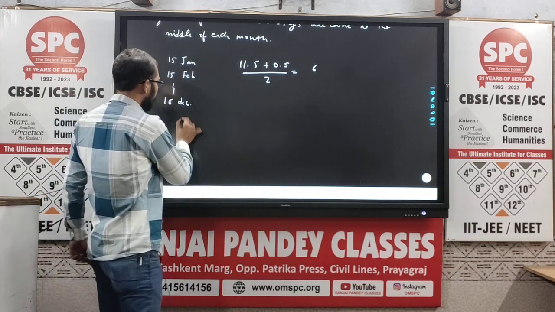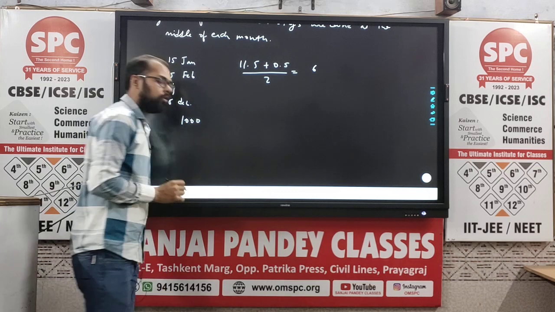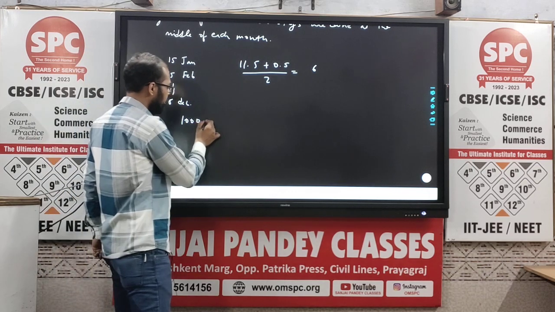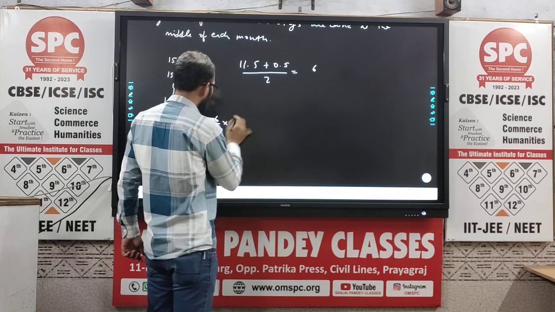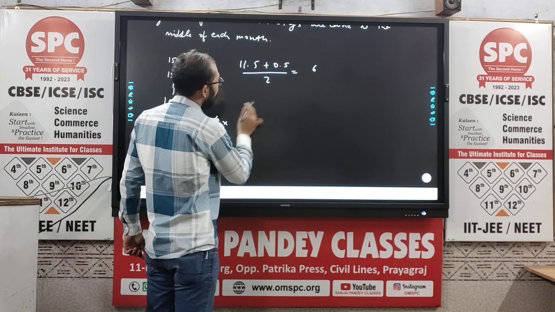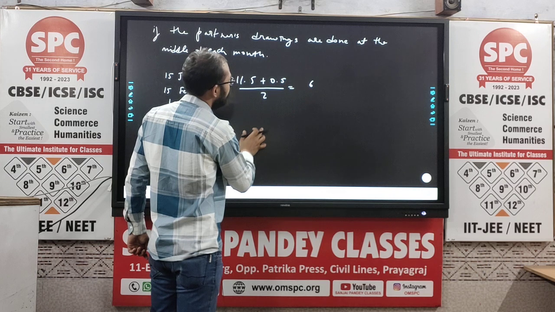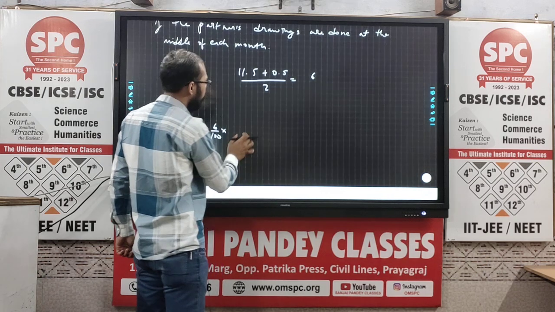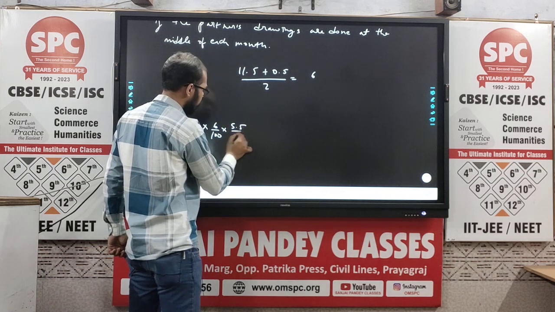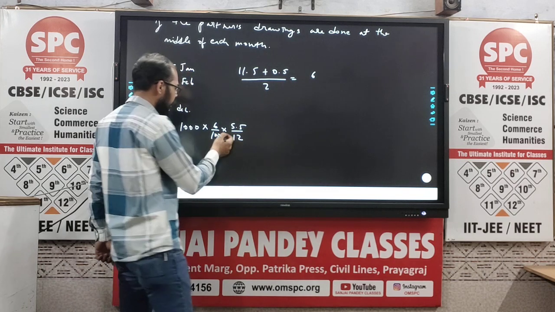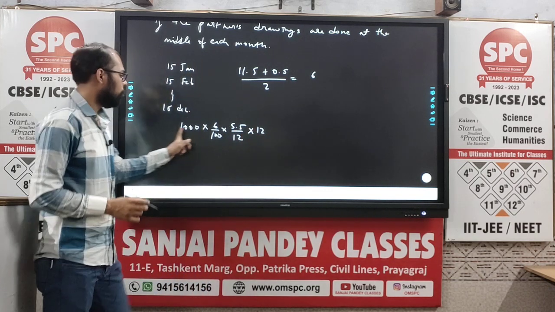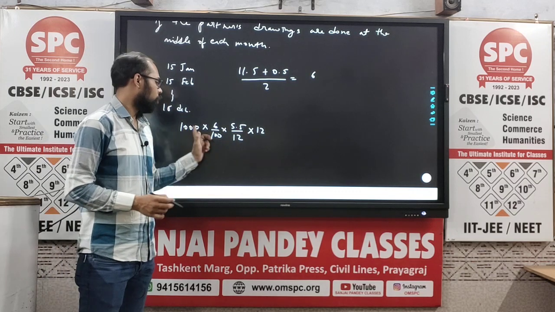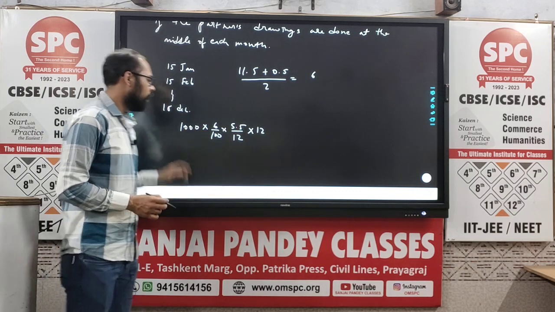Similarly, if you want to calculate the interest on drawing of rupees 1000 at the rate of 6%, in the case it is drawn at the middle of each month, then the average period should be 5.5. Since the drawing is made for 12 months, we have to get the amount of drawing also, which we will get after multiplying it by 12.